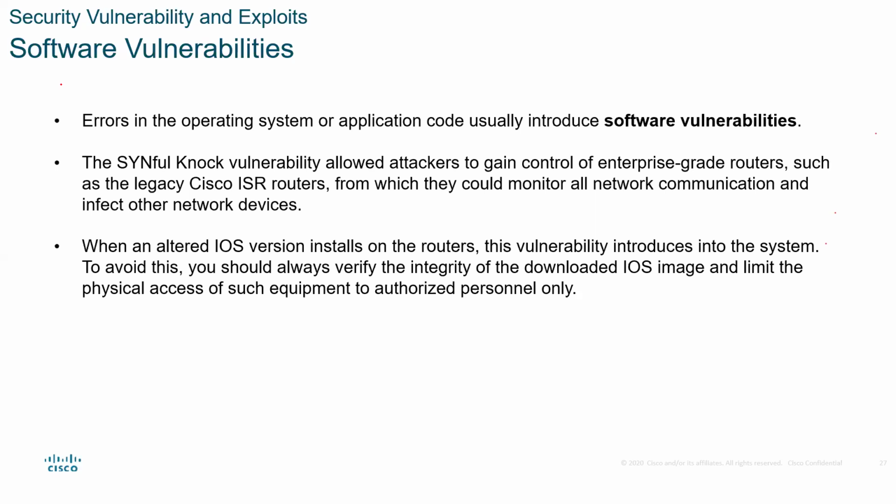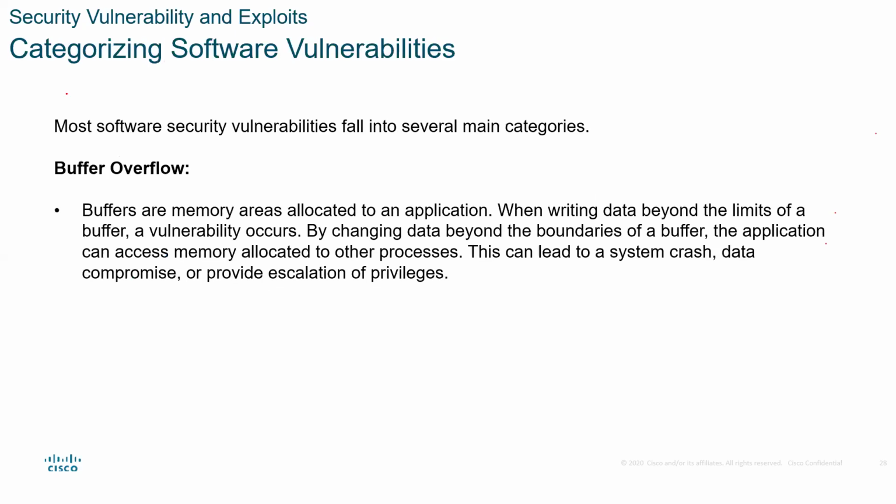This happens when an altered IOS version is installed. IOS is like the operating system on network devices. To avoid this, you should always verify the integrity of the operating system you download. Okay? Because you can go and download something not from a legitimate site, and it will cause problems for you.